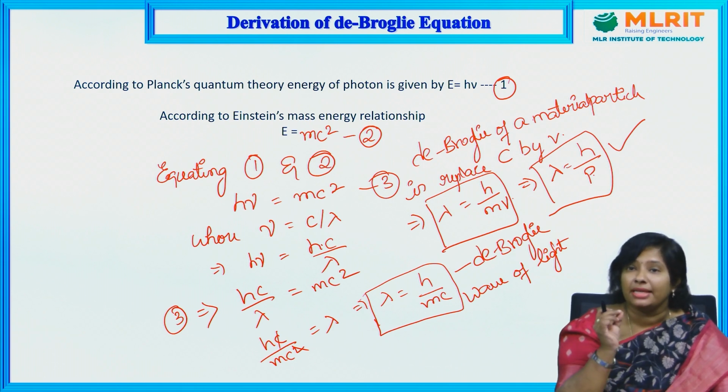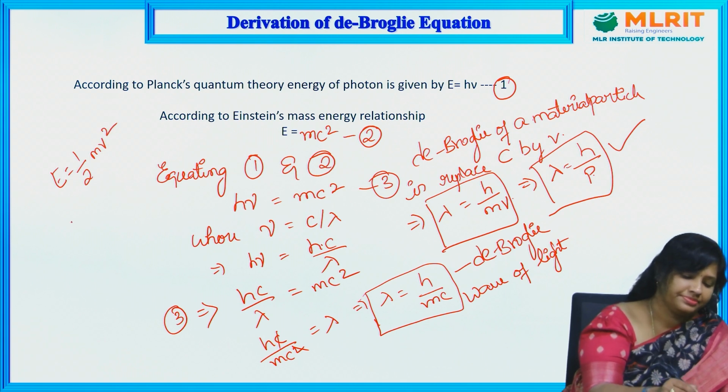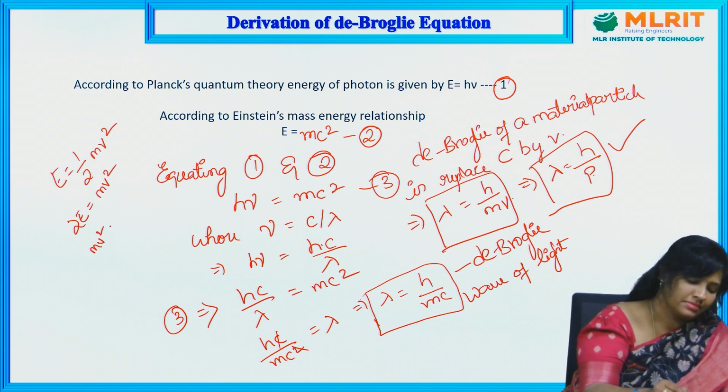If capital E is the kinetic energy of a particle, that is E is equal to half mv square, then 2E is equal to mv square. Multiply and divide by m.